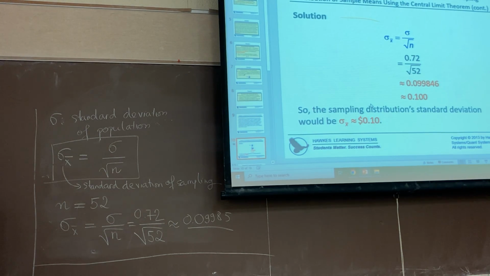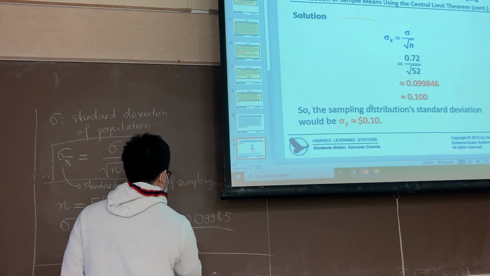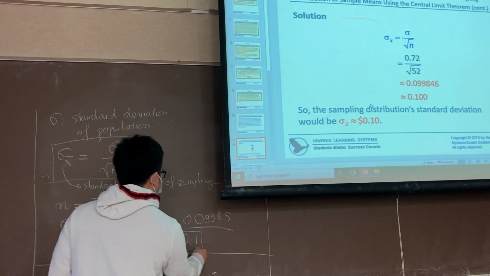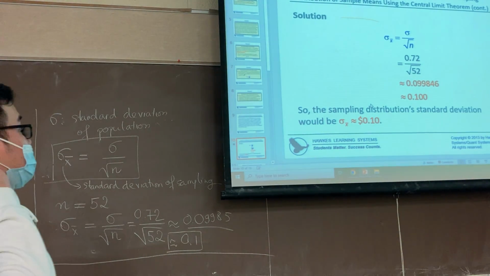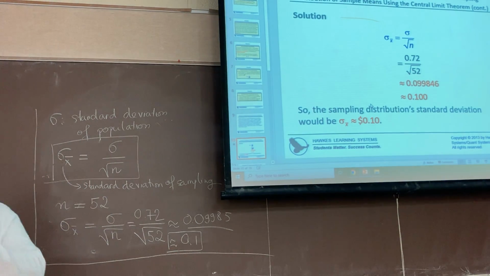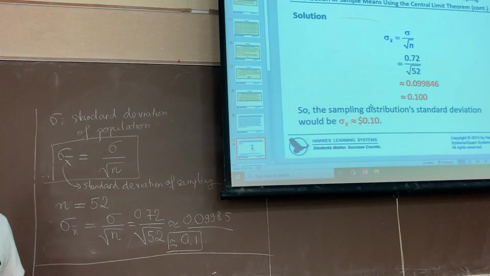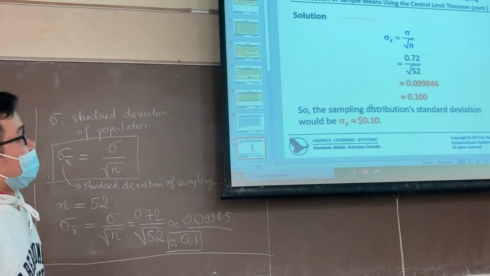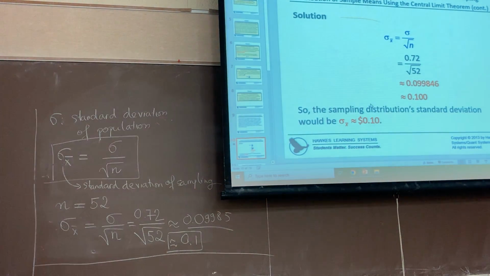Sometimes they will round it to just 0.1. It's the same. If you want to round it to one decimal place, it's just 0.1. Clear, right? And that is how we apply the central limit theorem to calculate the standard deviation of the sampling distribution.